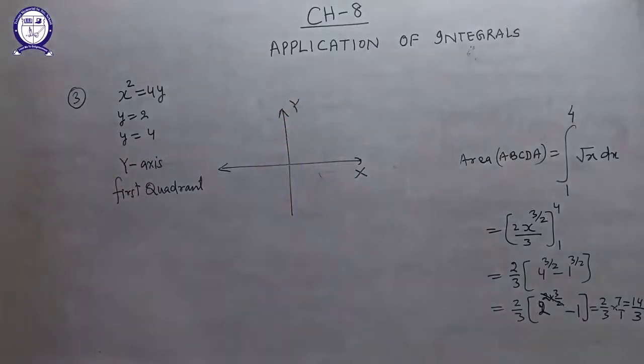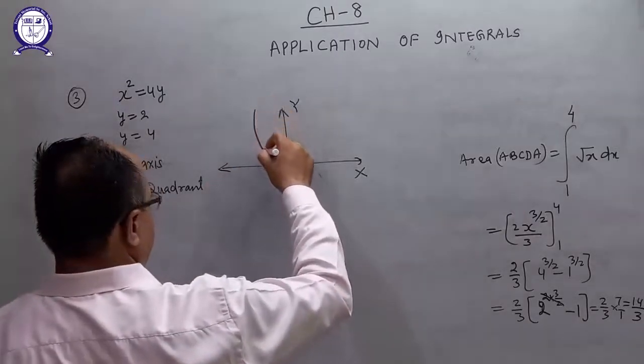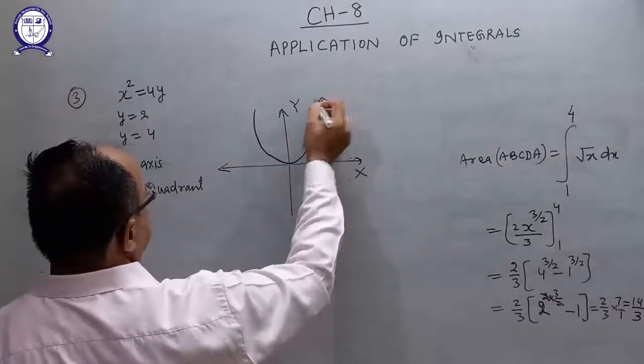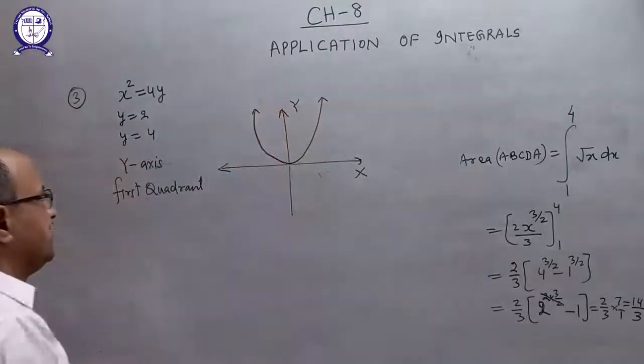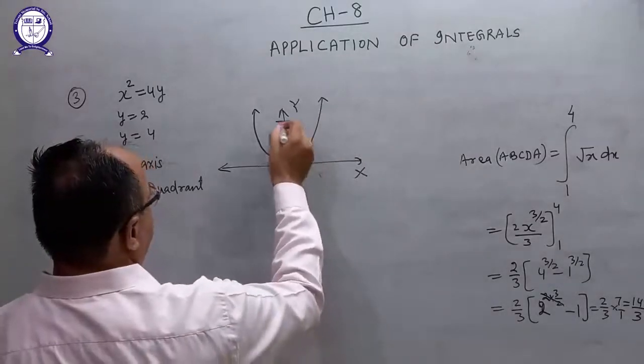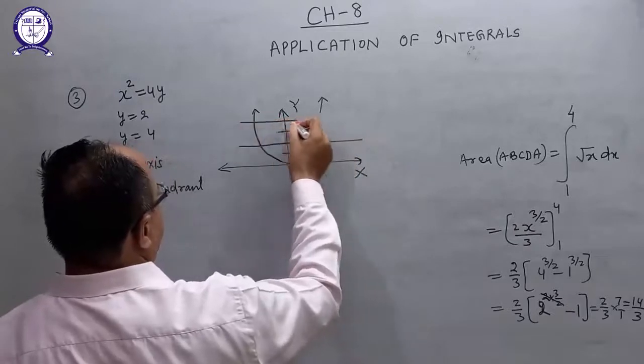You know that x is equal to 4y means that it is an upward parabola, correct? Y is equal to 2, 1, 2, 3, 4. This is y equal to 2 and this is y equal to 4 line.